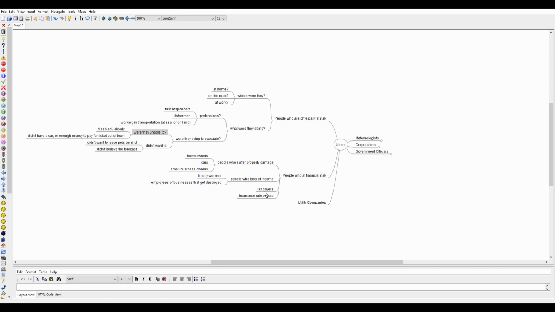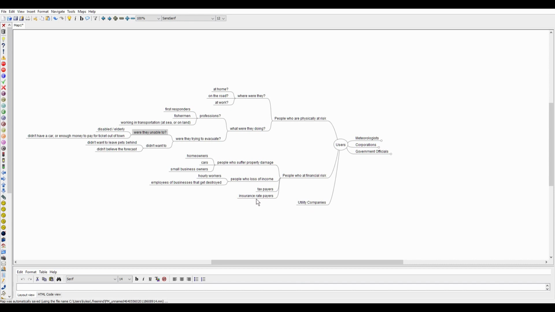Taxpayers, obviously, if FEMA comes in to clean up, there's going to be a bill associated with that the taxpayers are all going to have to pay. Local initiatives may end up having a larger impact on that. And then if there are a number of insurance claims in an area, then the ratepayers are going to be fronting that bill. You're going to see our rates go up.